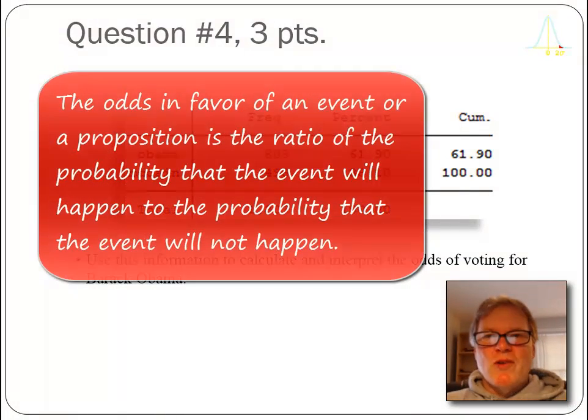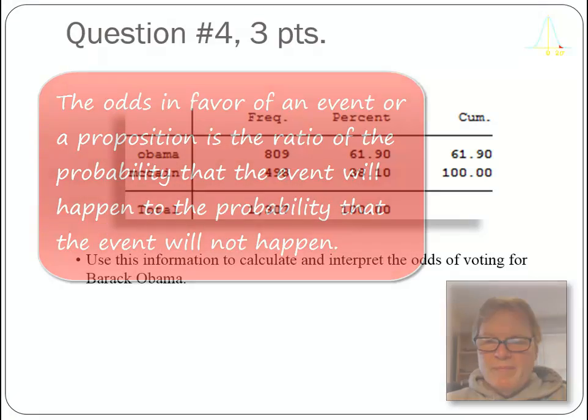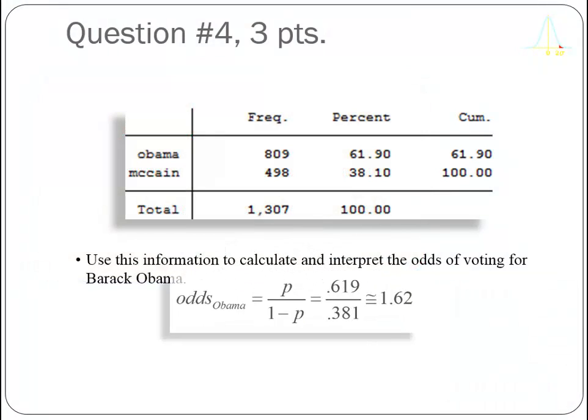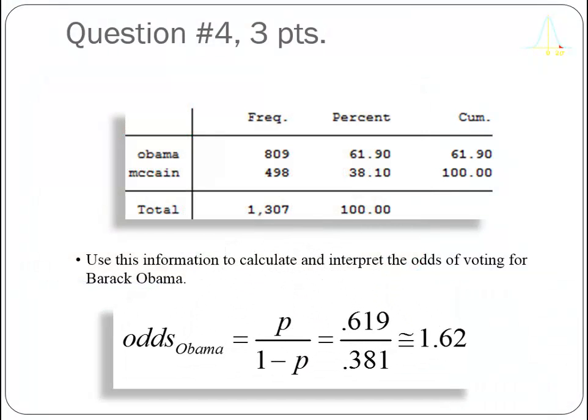Remember that odds are always the ratio of a probability of some event, in this case voting for Obama, over or divided by the probability of not voting for Obama, or not that event. Let's go ahead and see what that looks like. Taking the numbers right off the table, we can see that the proportion or probability of voting for Obama among our respondents is 0.619.